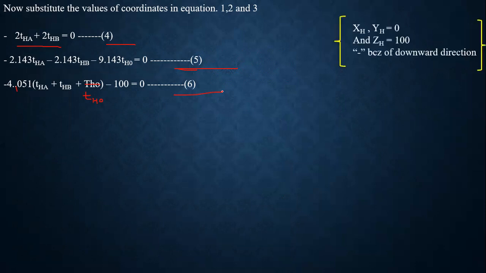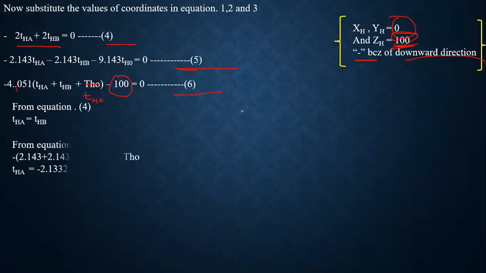And there is the 100 load. The x-axis and y-axis components are equal to 0 because there is no load in that direction. The 100 kilonewton load acts only in that direction, and it is minus because of the downward direction. From equation number 4, THA is equal to THB, and from equation number 5, THA will be equal to minus 2.1332 into THO.